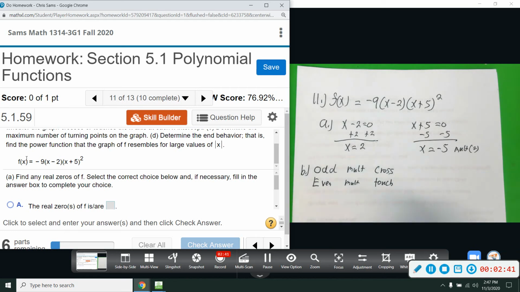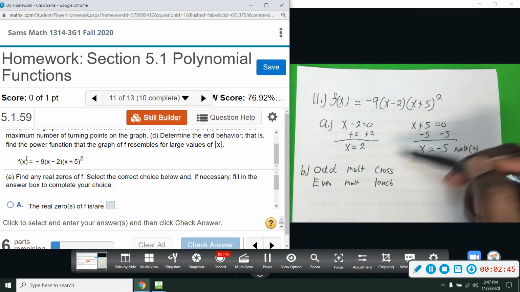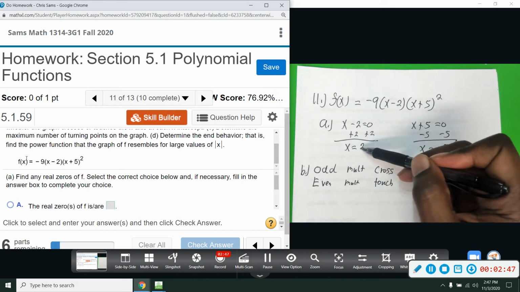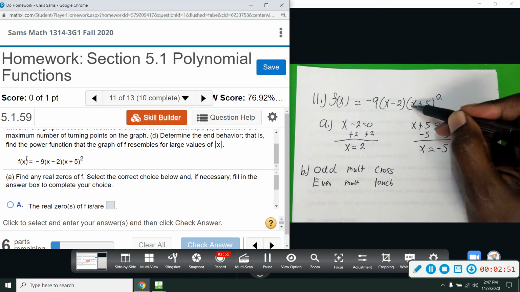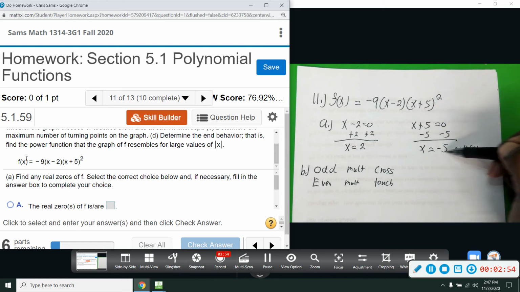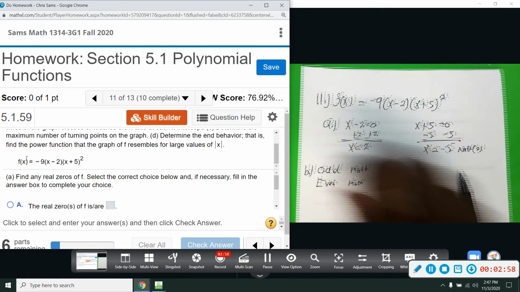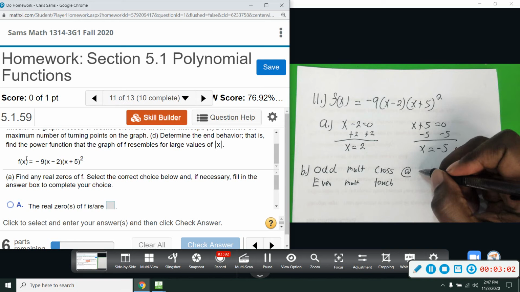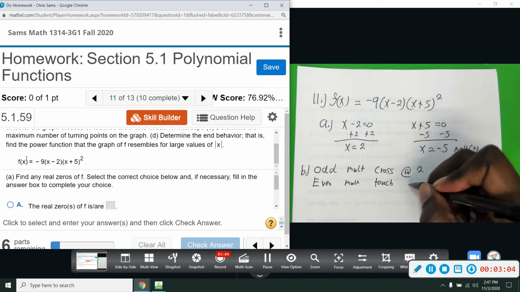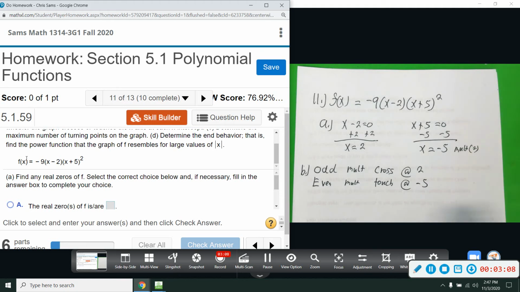Okay, so that is the rule. If it is odd, which this one is a 1, that will cross at x equals 2. This is an even up here, so this one will just touch at x equals negative 5. So cross at 2, touch at negative 5. So that's going to be our part B.